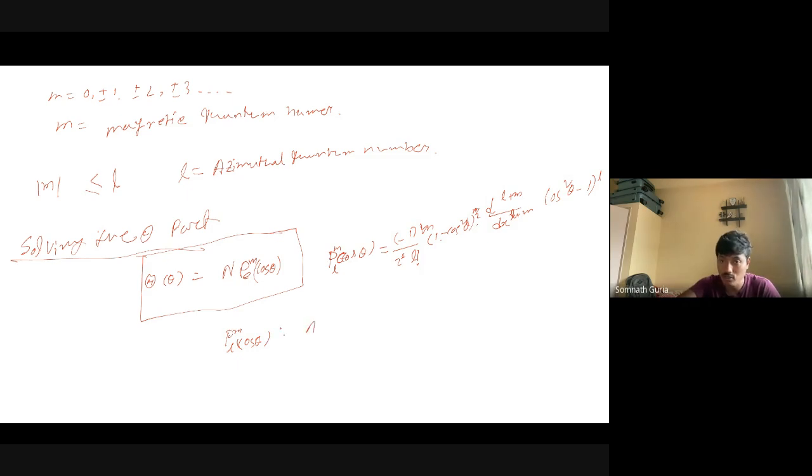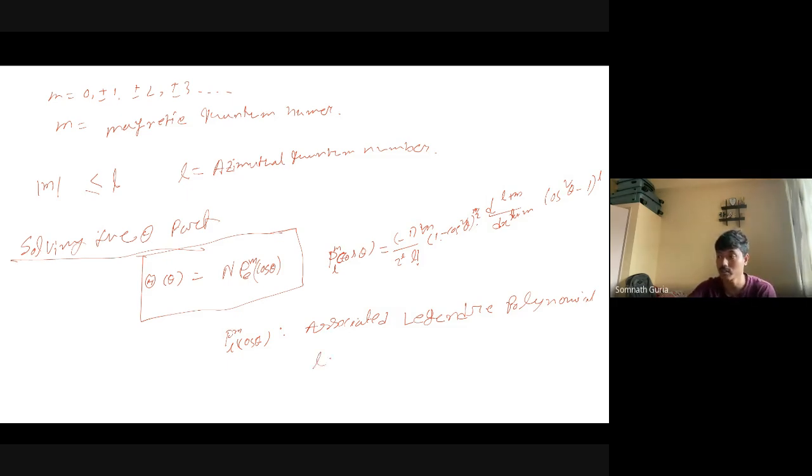This is called the associated Legendre polynomial. And L is called the azimuthal quantum number.